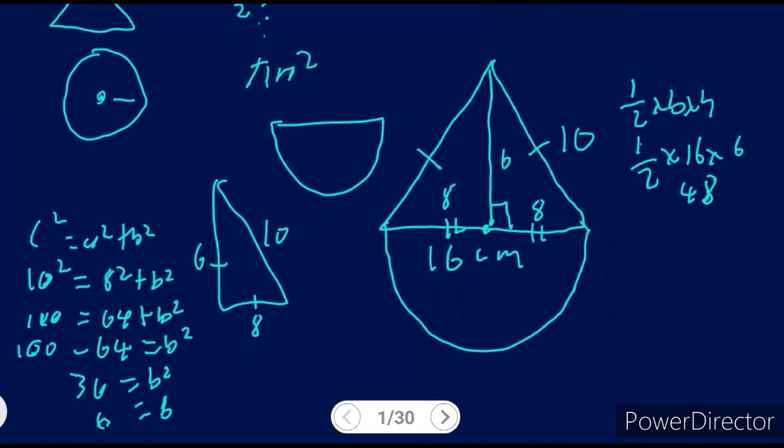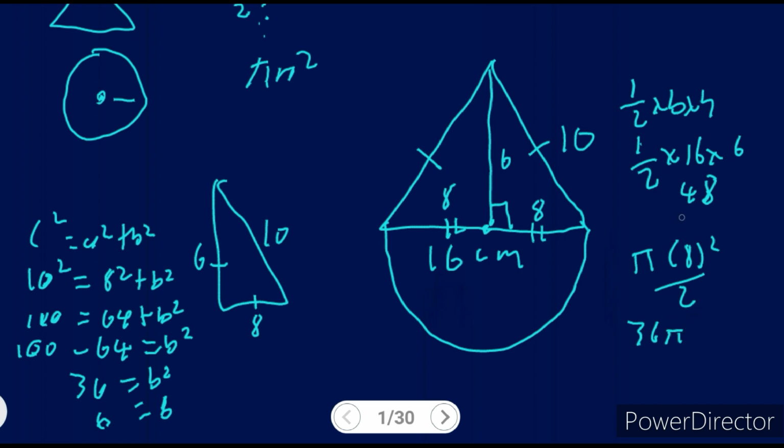So the radius is 8 because it's half the diameter. So it's going to be pi r squared over 2 because it's a semicircle. So it's half of the circle. So we're going to say pi times 8 squared over 2. So it means that it's going to be 36 pi.